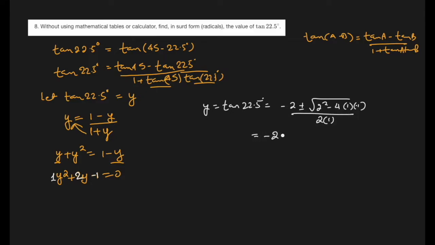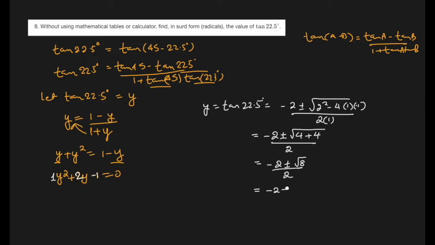So minus 2 plus minus square root 4 plus 4 over 2. So that is minus 2 plus minus square root 8 over 2. Square root 8 can be broken into two parts.